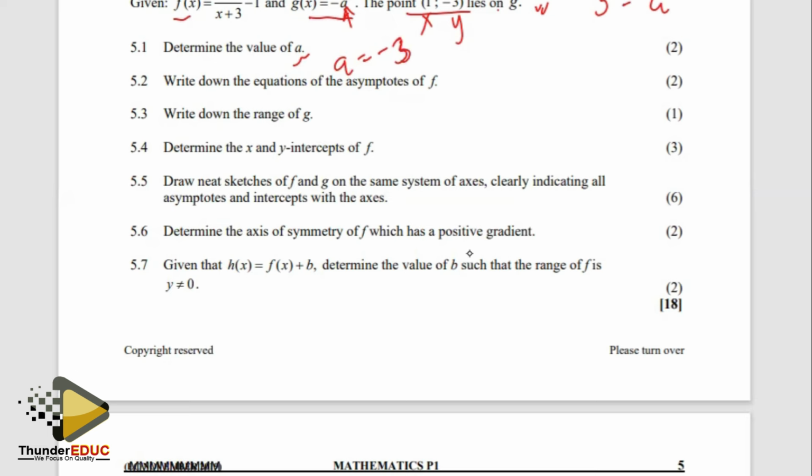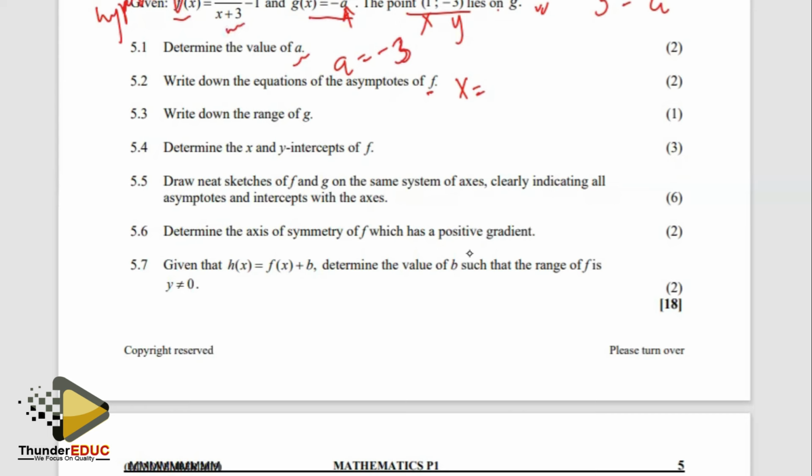Then write down the asymptotes of f. Remember we have 2 asymptotes for this graph because this is a hyperbola. We have what we call the horizontal and the vertical. For the vertical asymptote, for the x, come to the denominator here. The number that is given here, just change the sign.